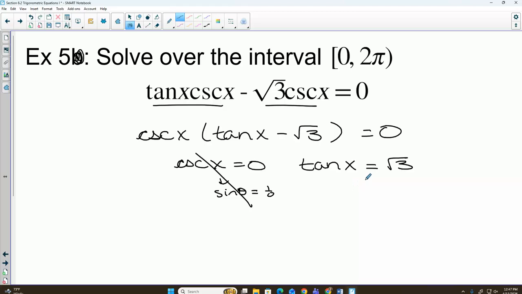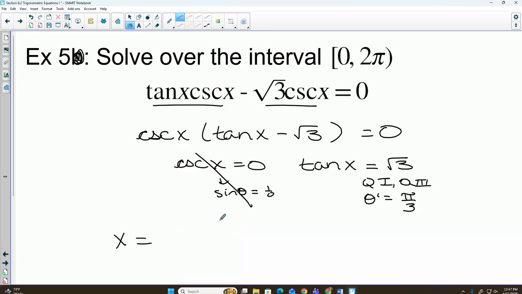Over here, when is tangent positive? Reference angle, I heard 60 degrees, which this one's in radians, so pi over 3. In which quadrants would we be in? 1 or 3. So for my answer, I only need between 0 and 2 pi, so I don't have to have plus 360k or anything like that.